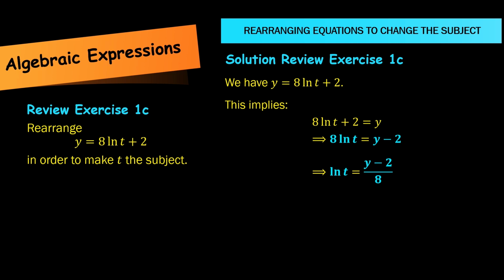Dividing through by 8 gives us this expression. We now raise both sides to the power e as shown. This now allows us to make e to the power ln of t equal to t. And so we have t equals e to the power (y minus 2) all over 8.